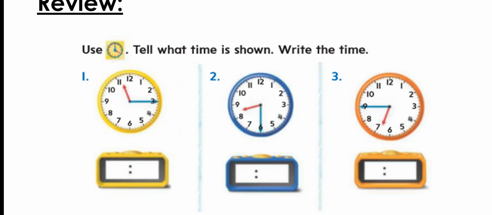And this slide is showing time to the quarter hour. Quarter hour means 15 minutes, right? So let's see. Now we need to focus on both hands. The hour hand is on the 11. It's between 11 and 12, so we consider that it is on the 11th hour. And the minute hand is on the 3. So we know that when it's on the 3, it means a quarter, or 15 minutes.